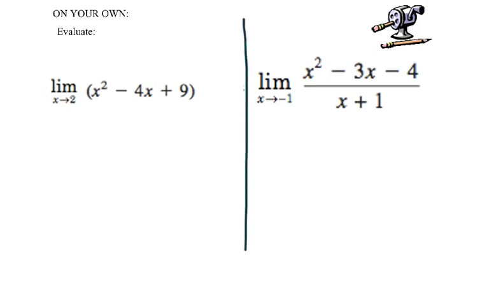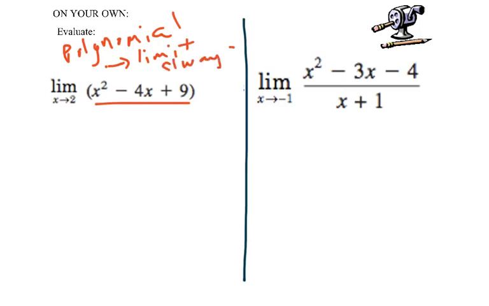Okay, so hopefully everybody has paused the video, taken time to answer, and let's see how you did. So in problem number 1, I have no denominator here, right? It's just a polynomial. And as a quick hint, when you have a polynomial, your limit will always exist.